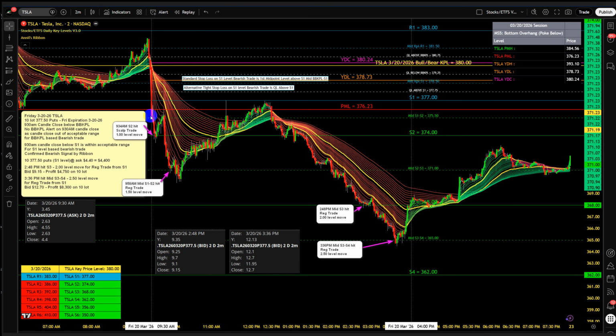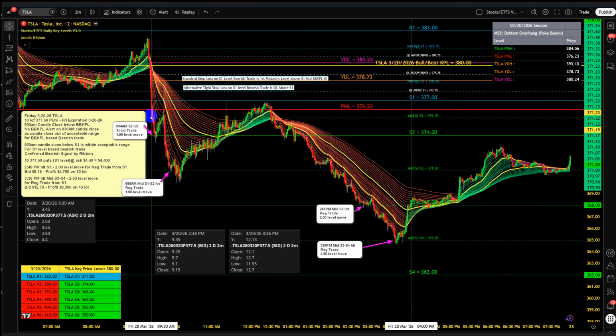So 85% or less is generally what you want to be looking for as far as a close below a specific level or a close above a specific level, as far as being within the acceptable range. If it is above 85%, then it's going to be outside the acceptable range.